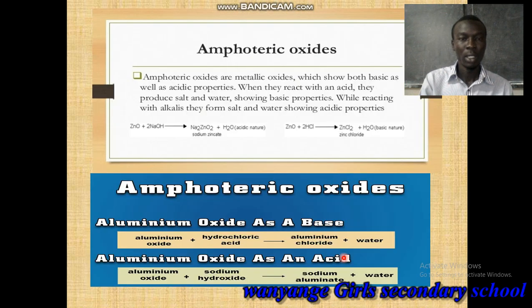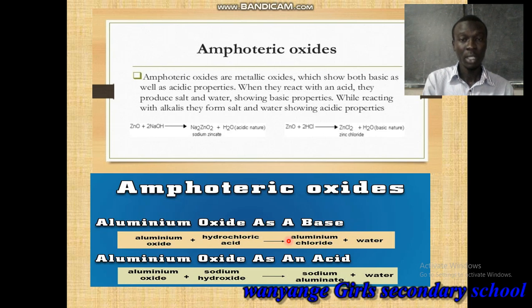Good. Then lastly, we have amphoteric oxides. Amphoteric oxides are metal oxides which behave like acids and also like bases. They show both acidic properties and basic properties. So they are both acidic oxides and basic oxides.